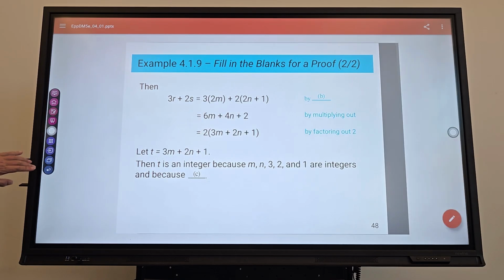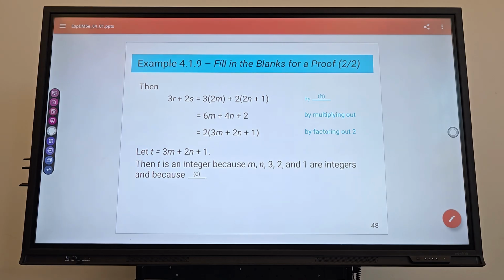Then 3r plus 2s equals 3 times 2m plus 2 times 2n plus 1 by substitution, which equals 6m plus 4n plus 2, which equals 2 times 3m plus 2n plus 1.